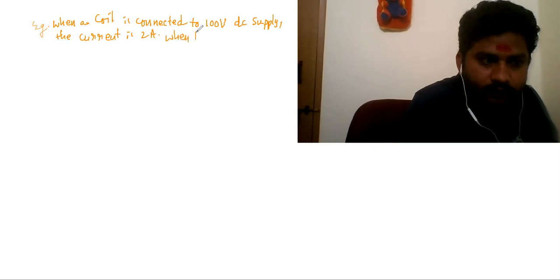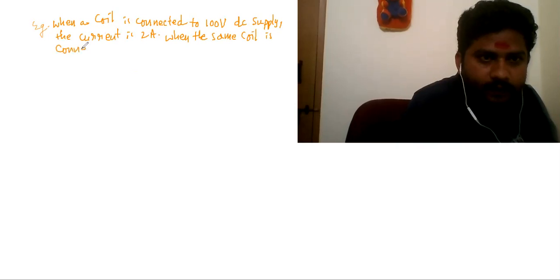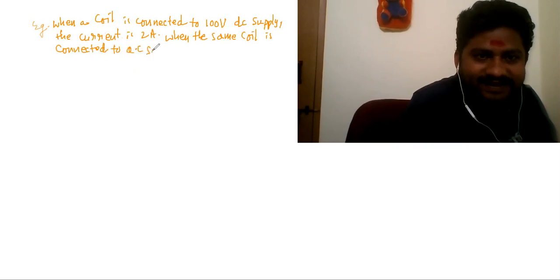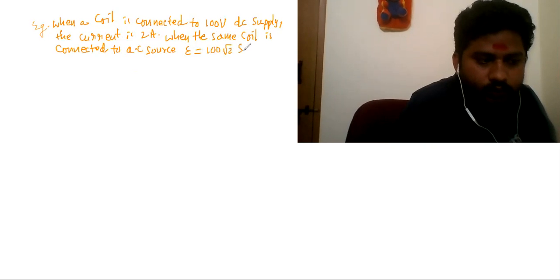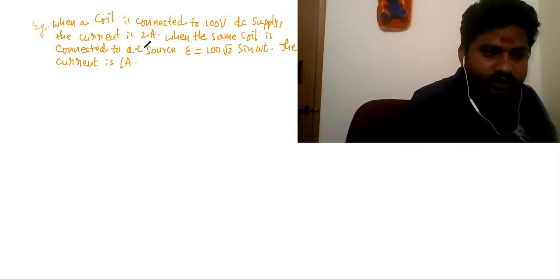When the same coil is connected to an AC source, AC source voltage is equal to 100 root 2 sine omega t. In this case, the current they identified is 1 ampere, my dear students.